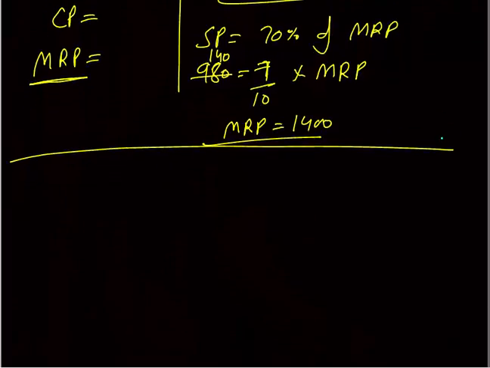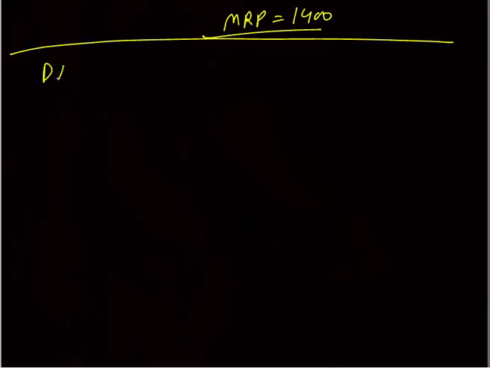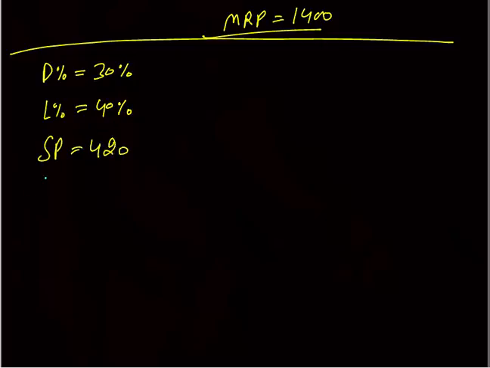In this way you can solve the question in least possible time with logic. Let me give you another example. Let's say discount percent is given to you as 30%, loss percent is given to you as 40%. Selling price is given to you as 420. You need to calculate the cost price and MRP.